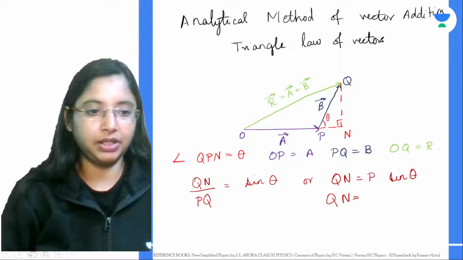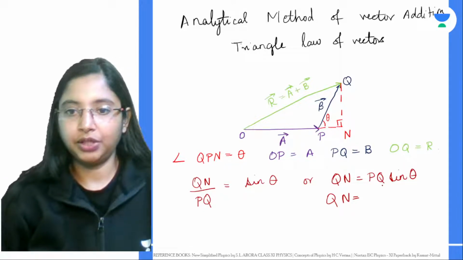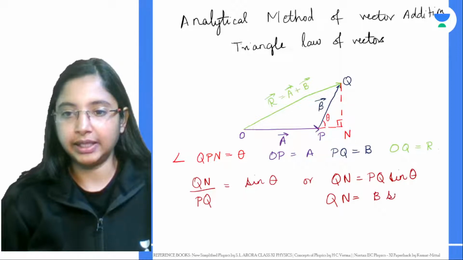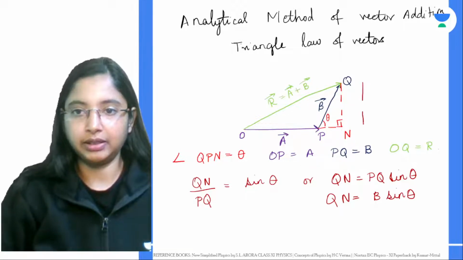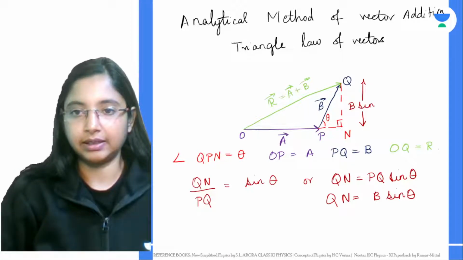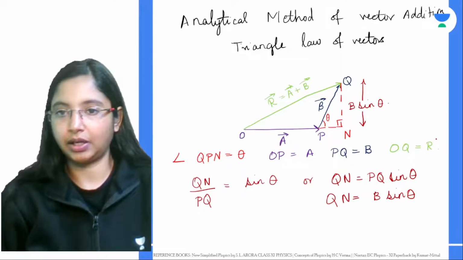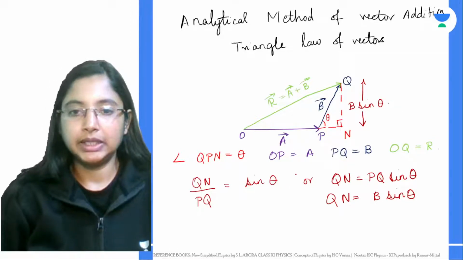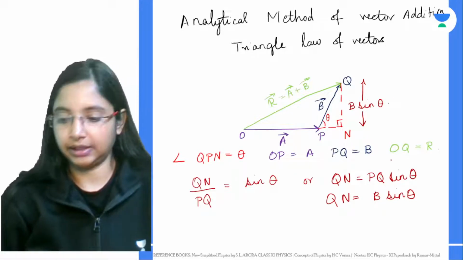QN by PQ into PQ, and the value of PQ is B. So QN is B sine theta. This particular QN has a value of B sine theta, for the angle theta that we consider over here.